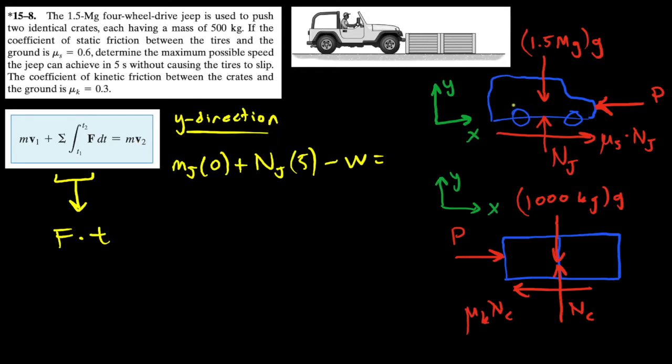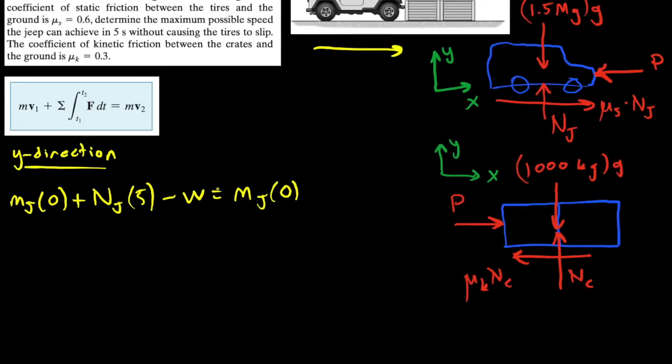And again, the movement is completely horizontal, so our final velocity is also 0, and this becomes the mass of the Jeep times 0. Let me just move this stuff around really quick to make some space, so we can go ahead and solve this. This will become N sub J times 5 equals W, and we know that W is literally just the weight.